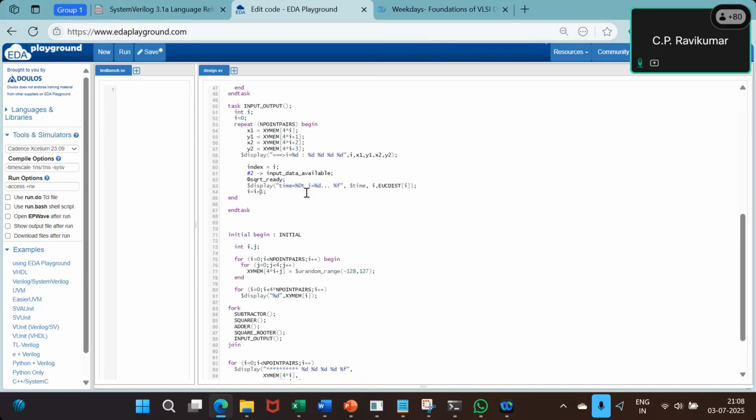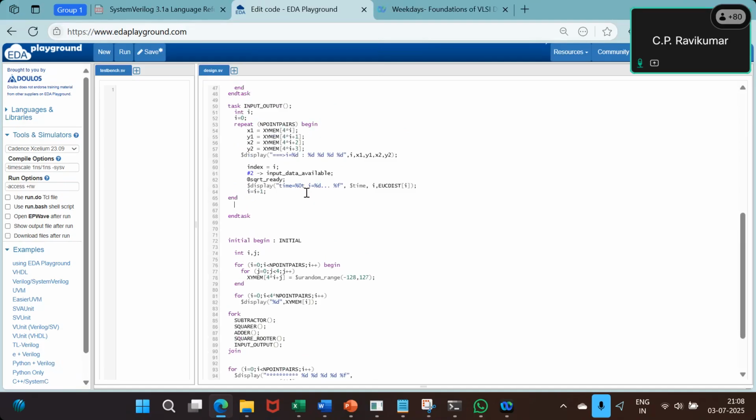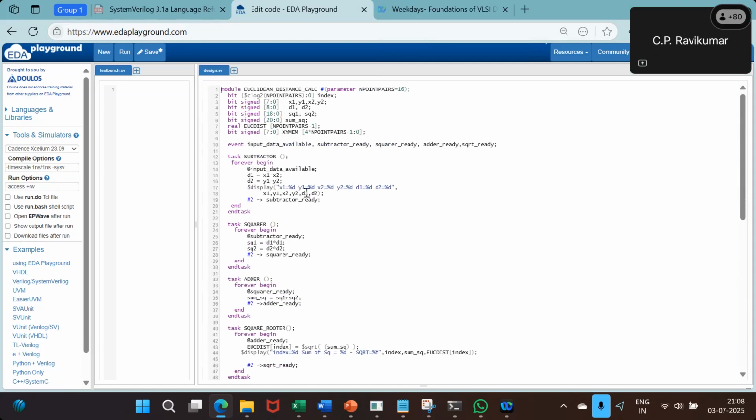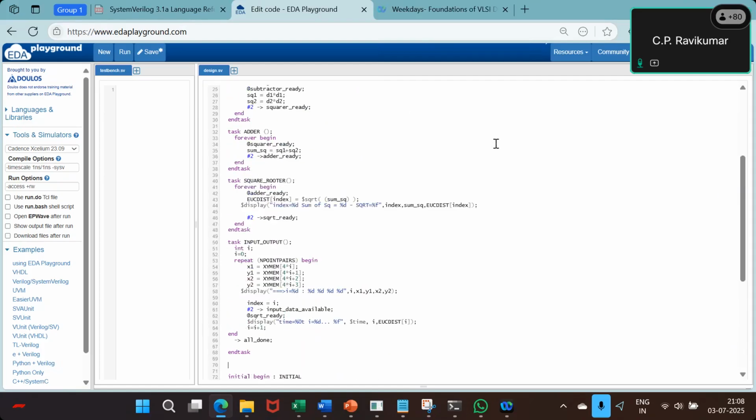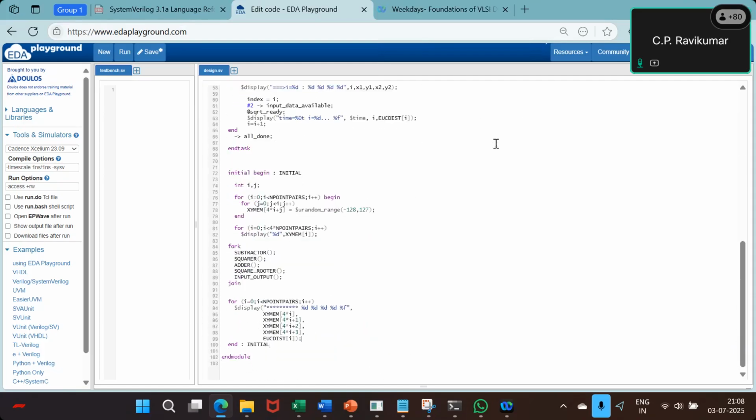When the input output completes, let us say it gives another thing called all done. And let us say all done is unready. And let us say we wait for that here, which is what the fourth join should do, right? Just like that.